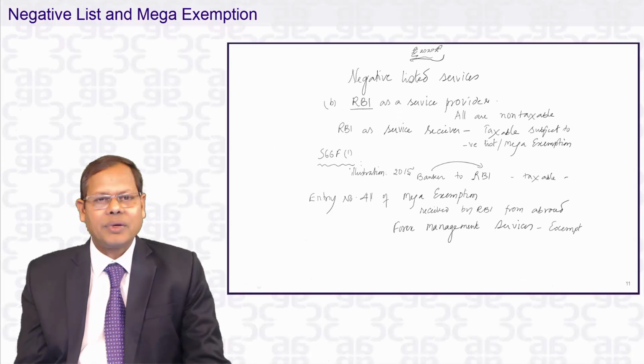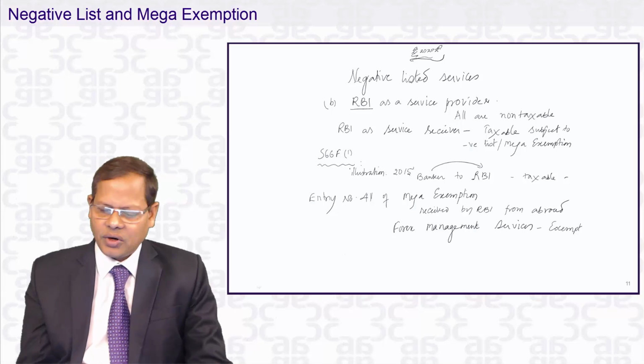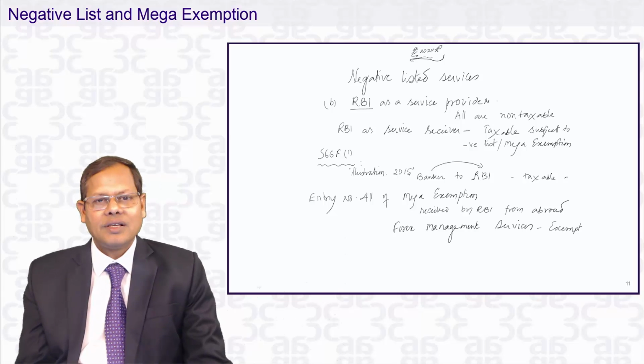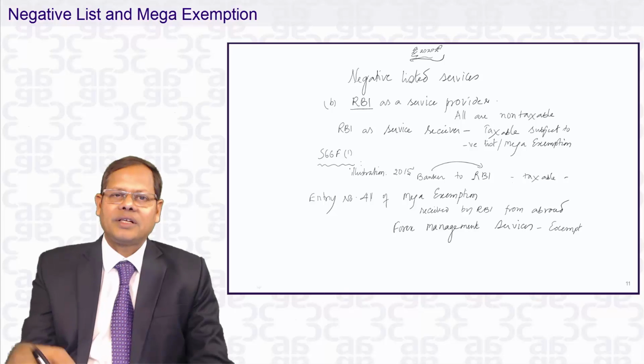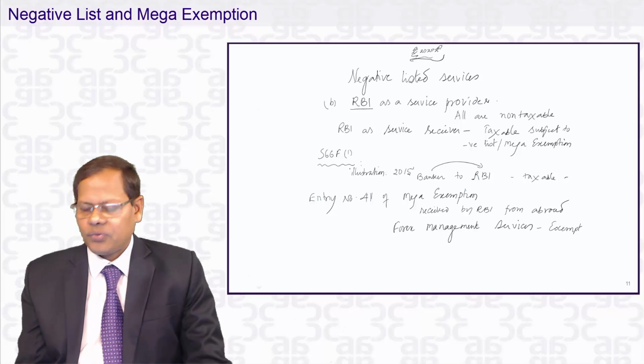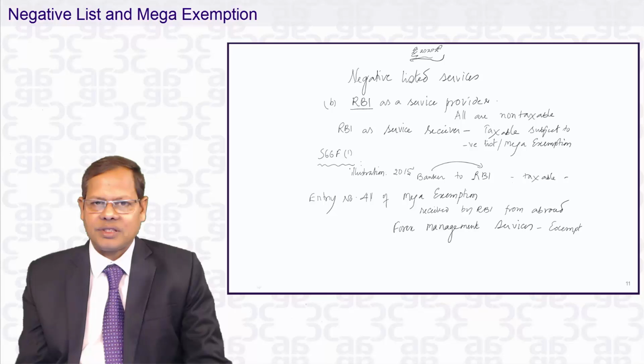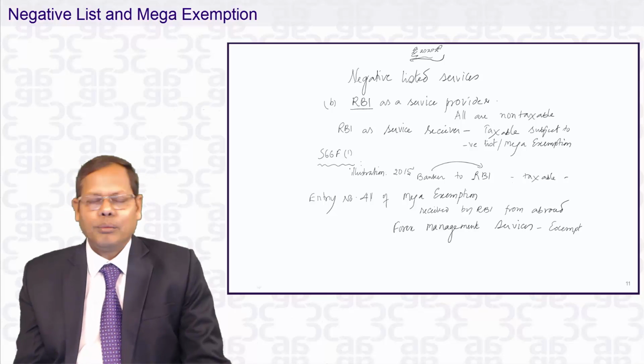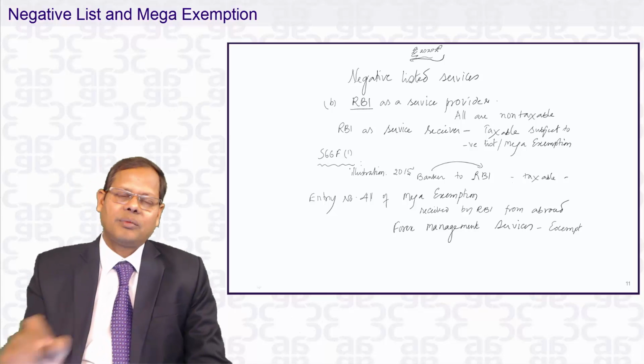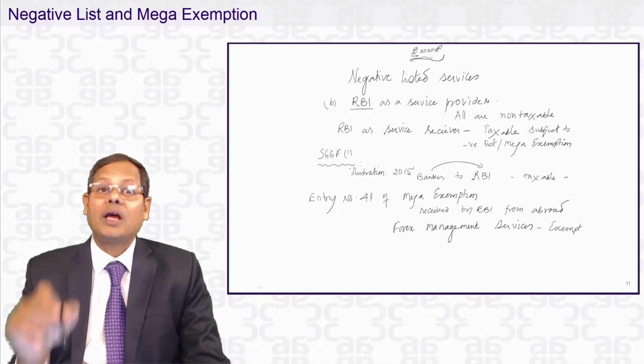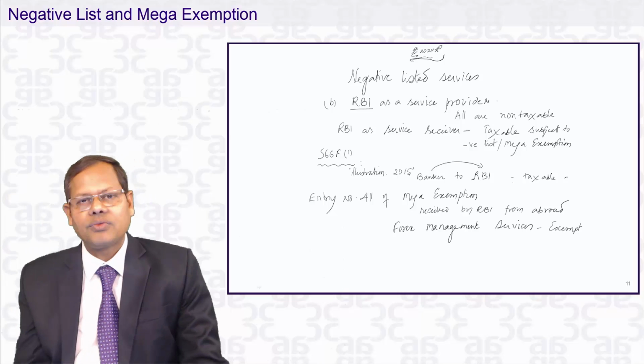Suppose RBI receives some service other than the forex management services, then suppose from Singapore RBI received some service which is not forex management related service. So there is no exemption. Because there is no exemption, here RBI has to pay under reverse charge because service is received from abroad.